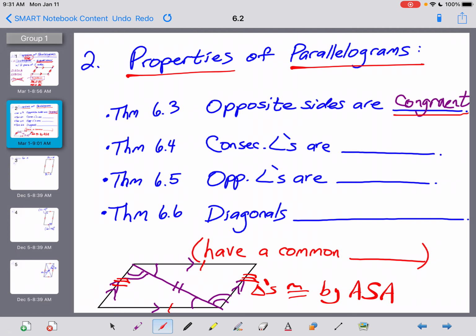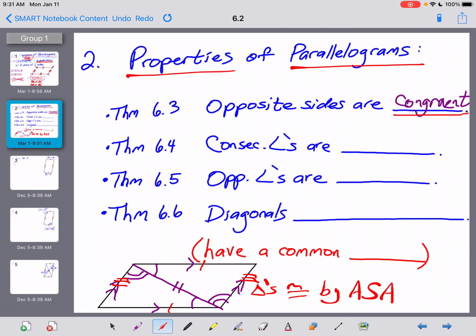Because you can cut that parallelogram up into two triangles. You can demonstrate using the definition of a parallelogram and theorems that we've already learned this year that those two triangles are congruent, and using a concept that we usually talk about at the end of chapter 4, called CPCTC, corresponding parts of congruent triangles are congruent, we know then that the opposite sides in that figure have to be congruent.